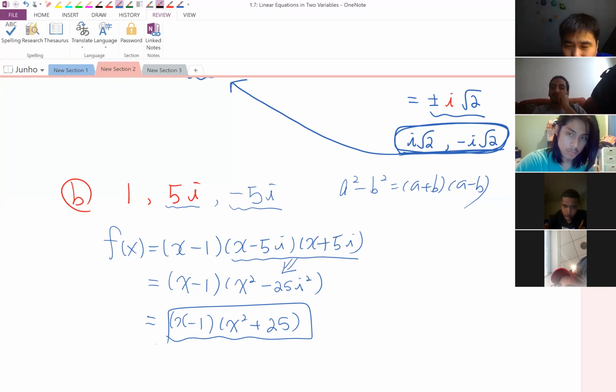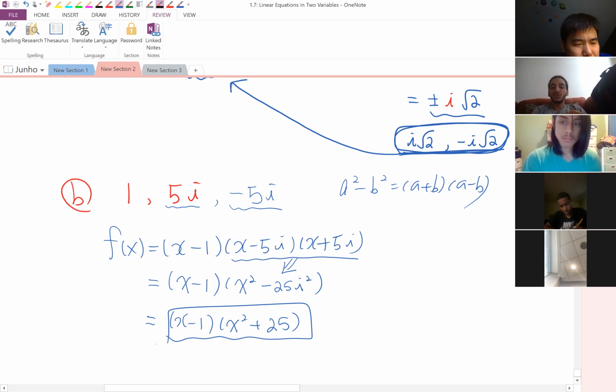Here they are asking for the coefficient. So is this the remaining solution, or is it the coefficient? That's the answer basically, because there's no common factor between x minus 1 and x squared plus 25, so it should be just as is.